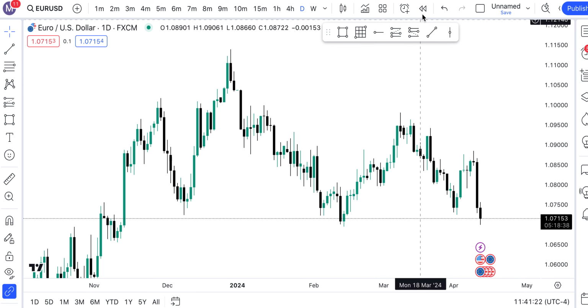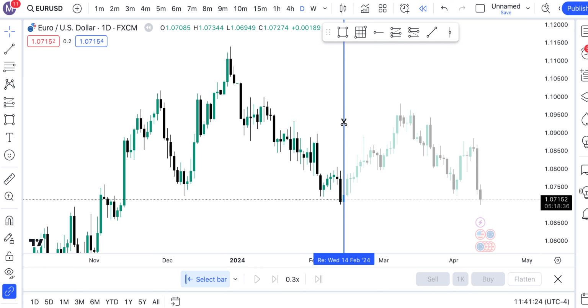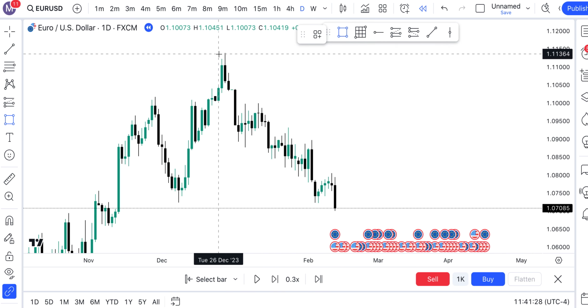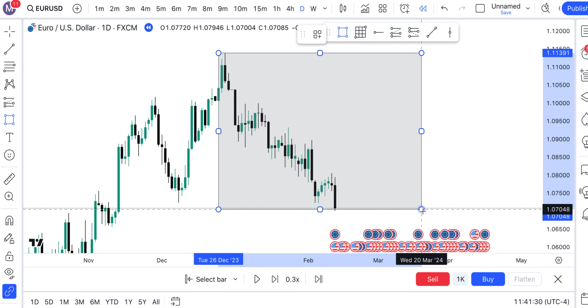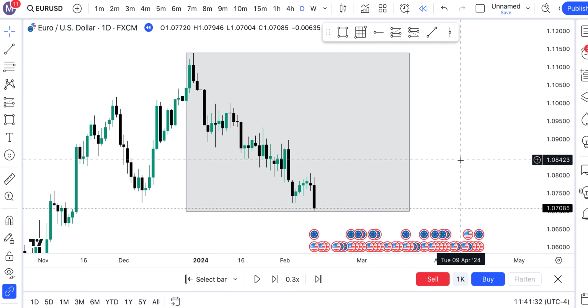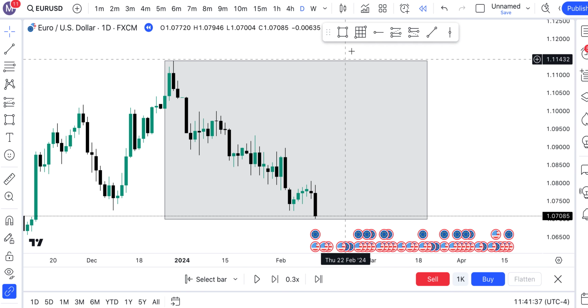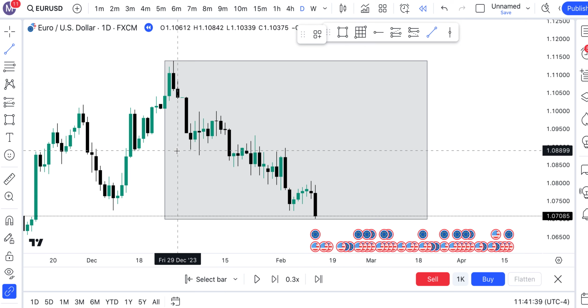Let's use this bit. Okay, so we're focusing on from up here to down there. So we start up here and we print a low here.